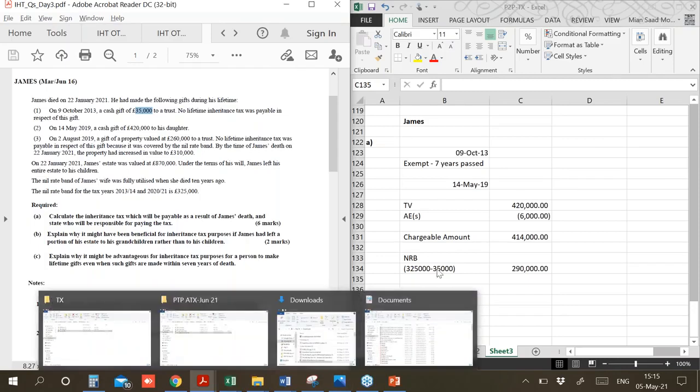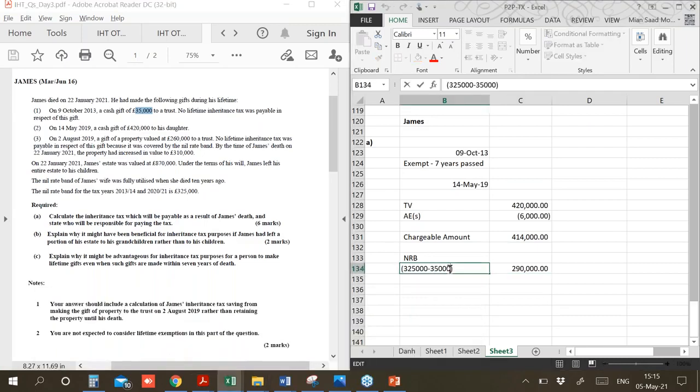So in my calculation I'll show 6,000, and in my formula I'll update it with plus 6,000, because the annual exemption would have saved my nil rate band.